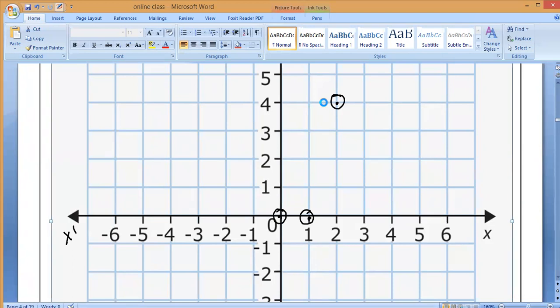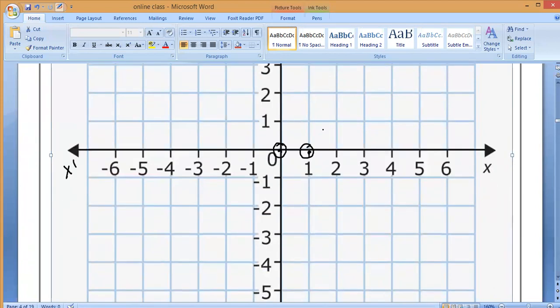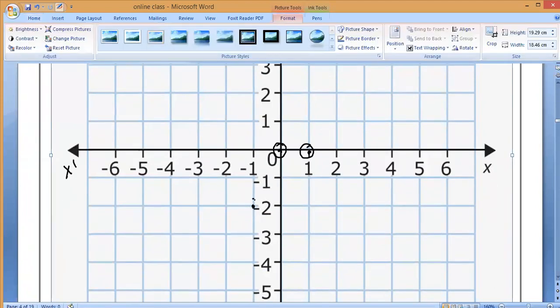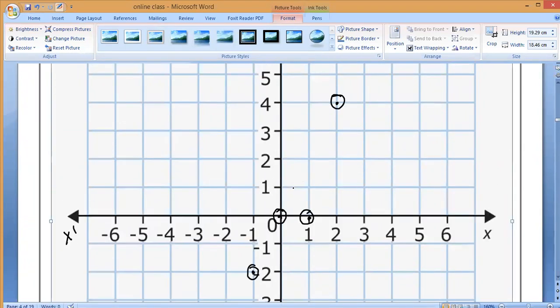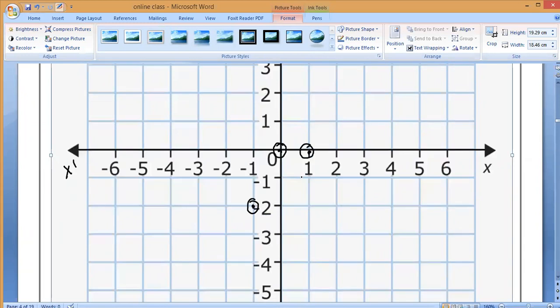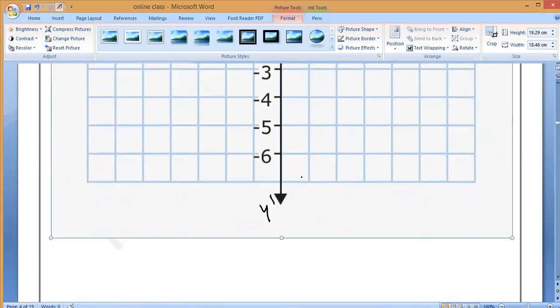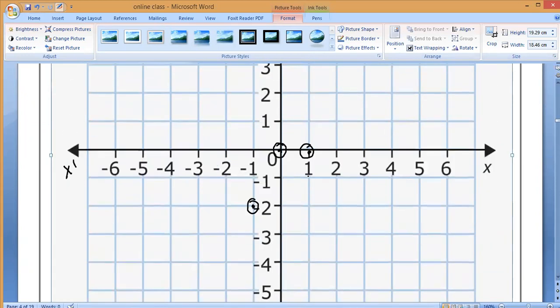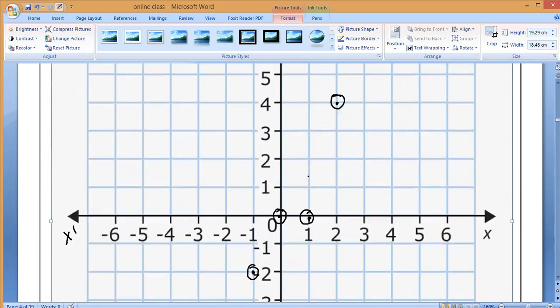Next point: minus 1 comma minus 2. One more point, minus 2 comma minus 12, but here there is no place for minus 12. Okay, 4 points are enough.